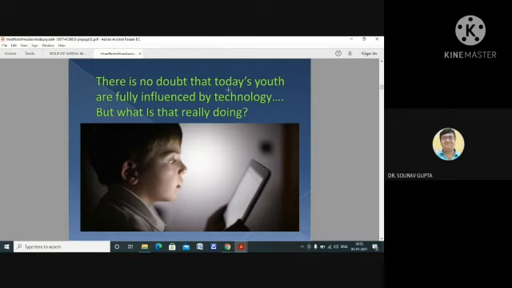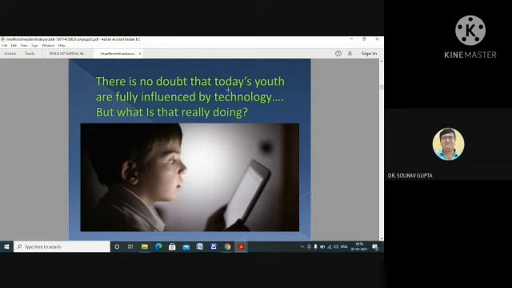And you won't imagine, 3-year-old, 2-year-old children, they know how to log into YouTube and select their videos of their preference. This is happening. So I thought that today I should discuss this with all of you. We should include these points also in our discussion.